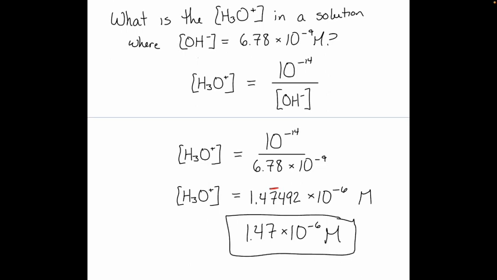Okay. If you got that same numerical 1.4749 business, but then your exponent was wrong, like I guess it would be times 10 to the negative 23, the problem is order of operations. When we're dividing by a number in scientific notation, we need to keep both that 6.78 and the 10 to the negative 9 in our denominator.